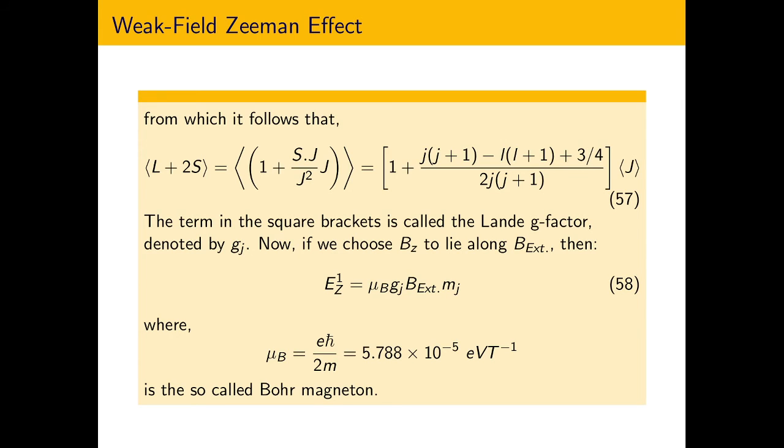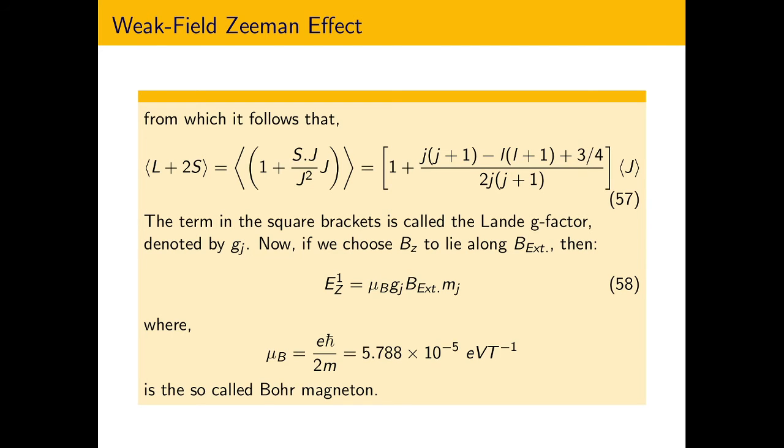And your mu_B is nothing but, we're technically just trying to account for the very small internal magnetic field. So that's this, and this is called the Bohr magneton.